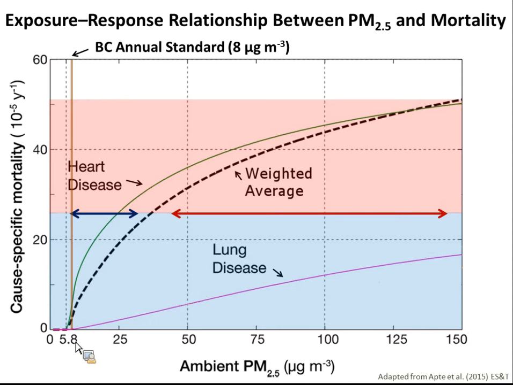But we do have lots of communities whose averages are higher than that, and a lot of those communities have higher averages because of residential wood smoke. So if we could improve air quality by reducing residential wood smoke emissions, we could have a pretty big impact on population health, even though the air quality in British Columbia is clean relative to global air quality.